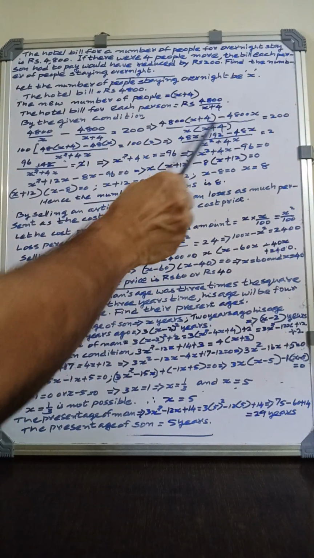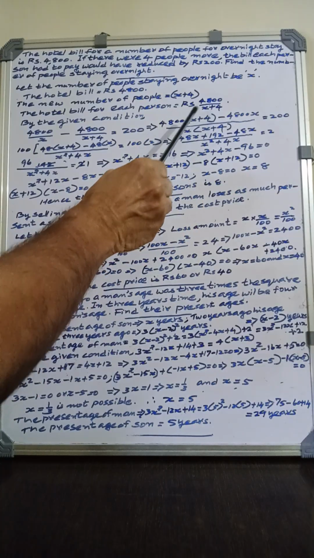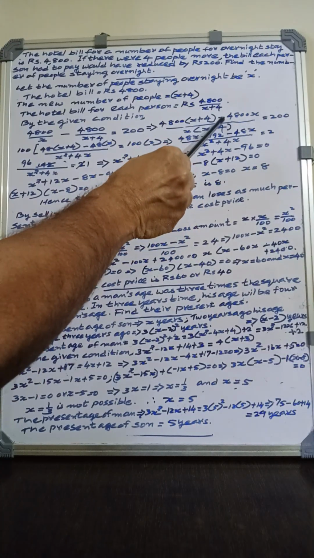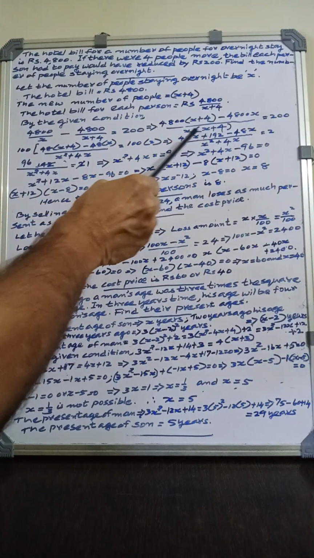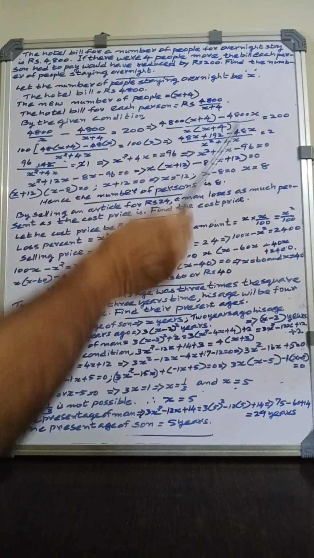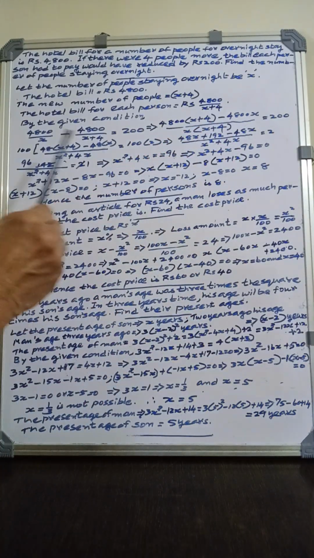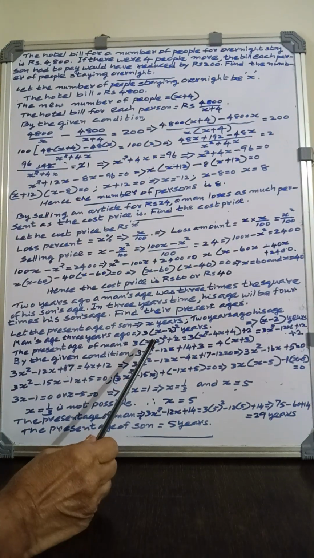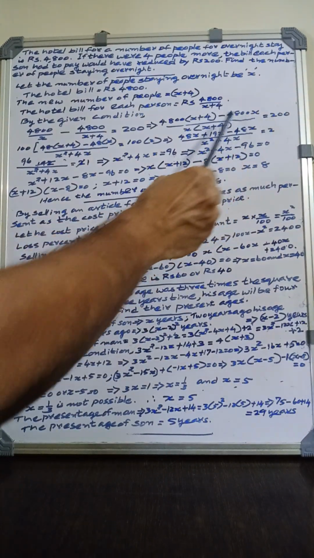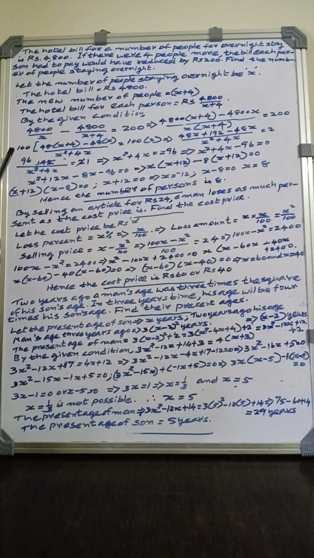Then, taking LCM, 4,800 into x plus 4 minus 4,800x by x into x plus 4 equals 200. We can take 100 common factor outside.